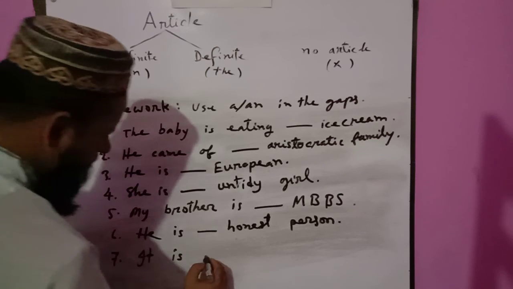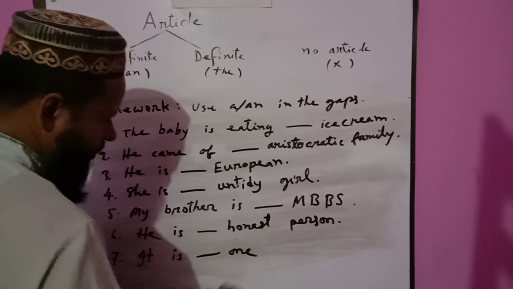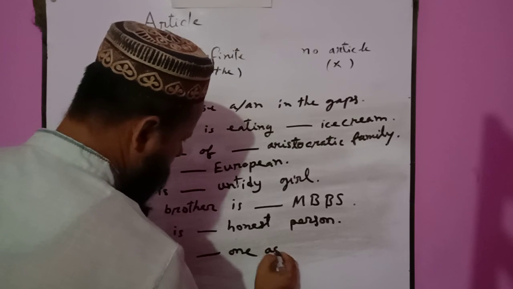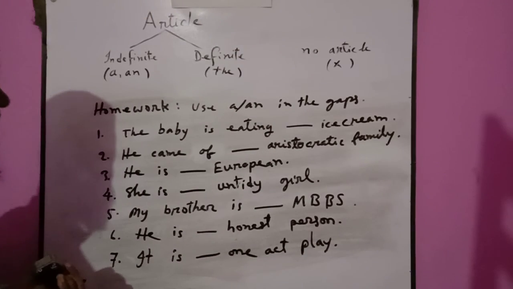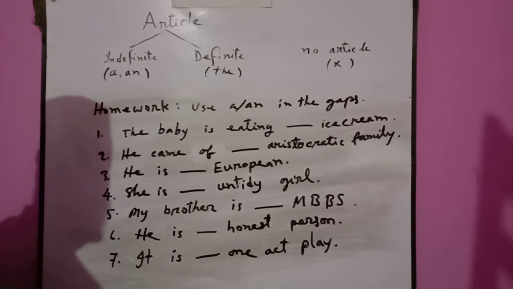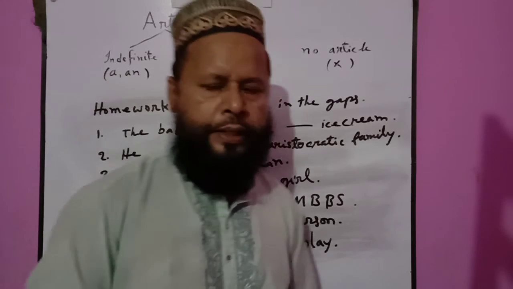It is dash one act play. Then 7 sentences for your homework. You will try to put a or an in the gap.